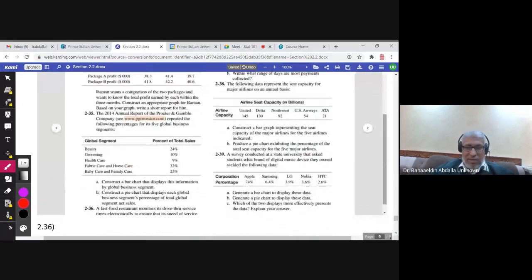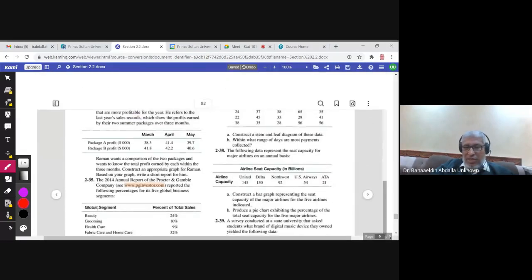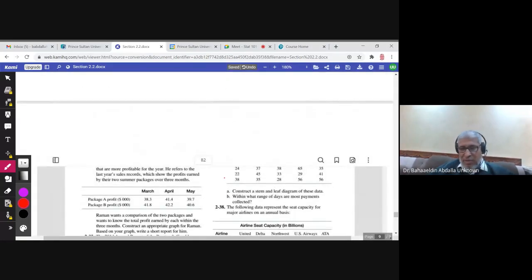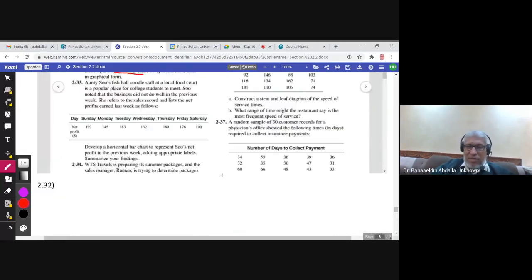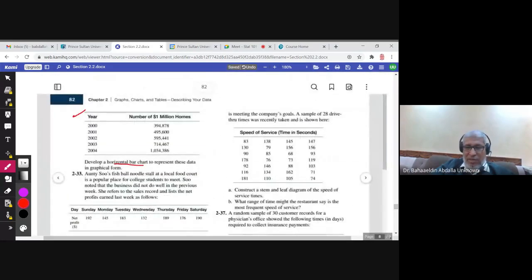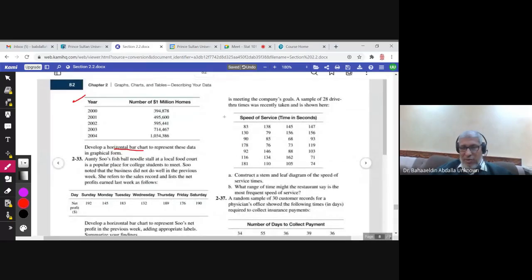2.36 is about stem and leaf. This is 2.36, and these are the numbers, and you can see all the numbers, I think, here. This is 2.36. You need to construct a stem and leaf. And what range might the restaurant say is the most frequent?